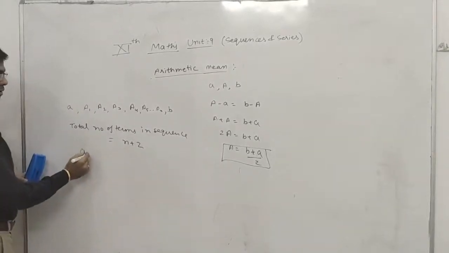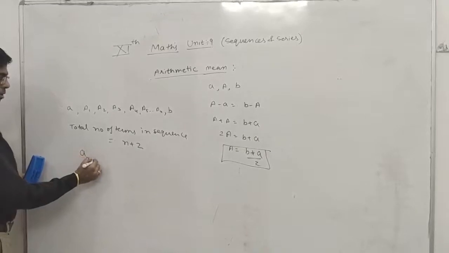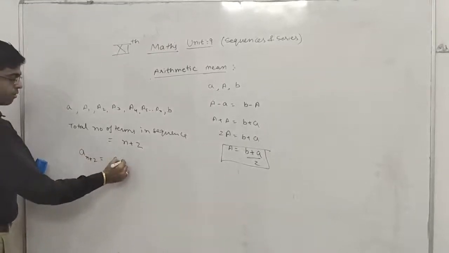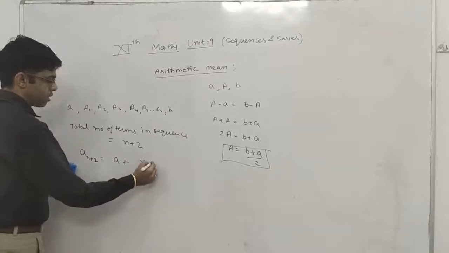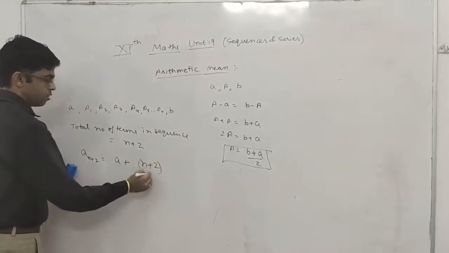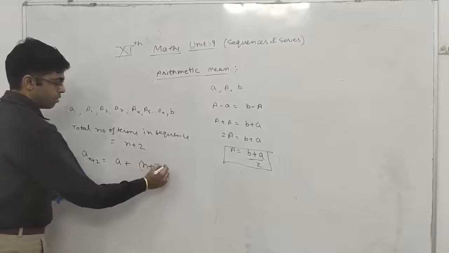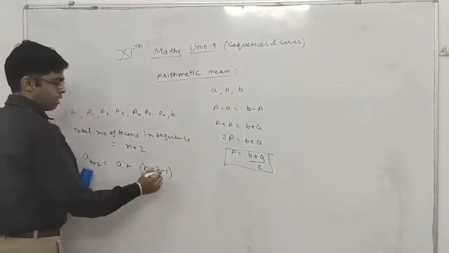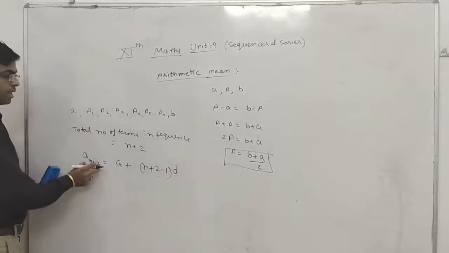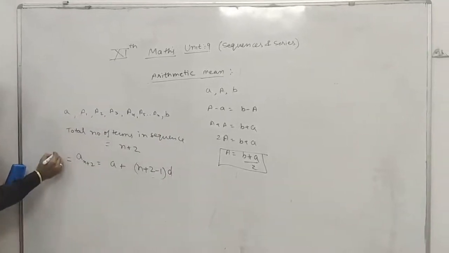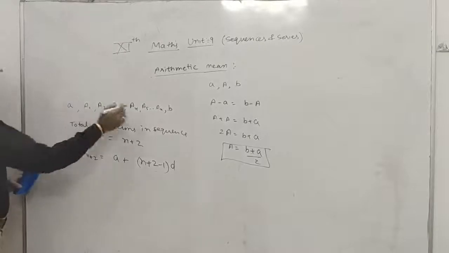So the last term B is equal to a first term plus (n plus 2 minus 1) multiplied by d, the common difference. This is the last term.